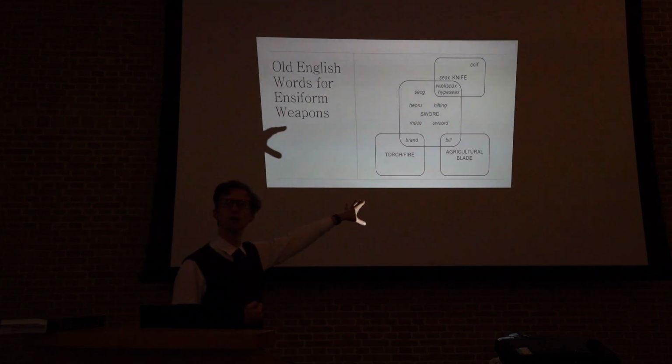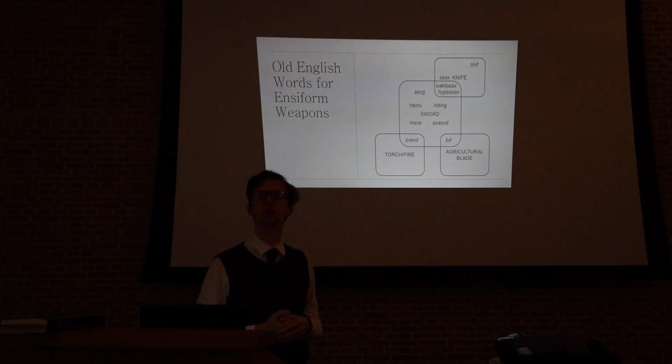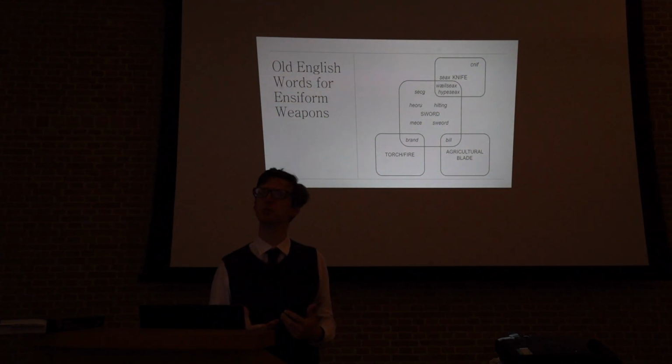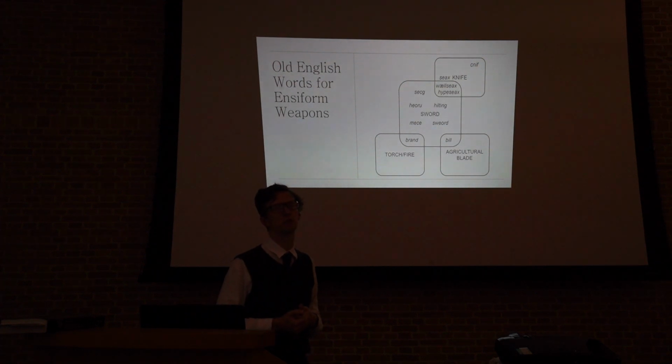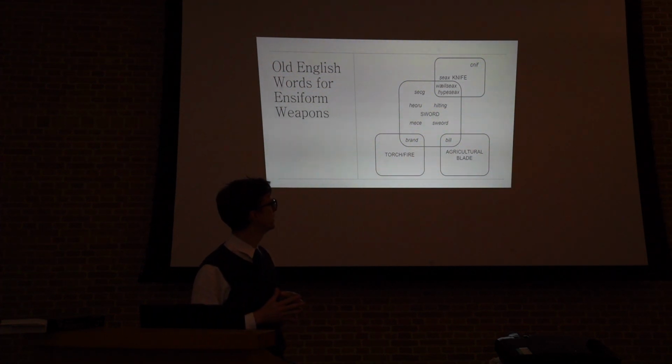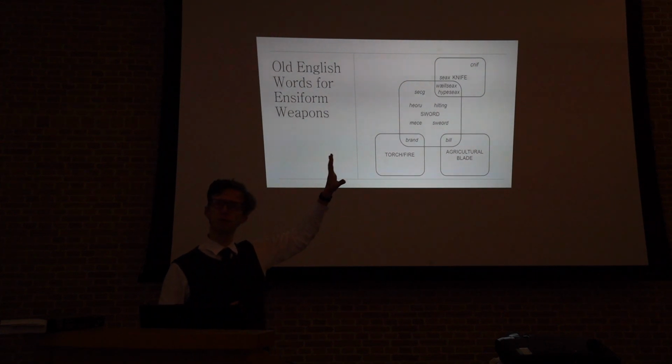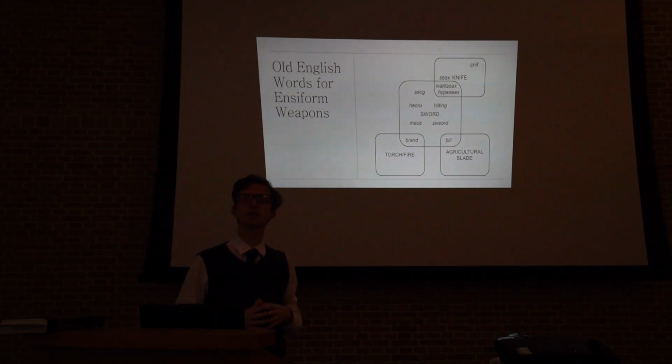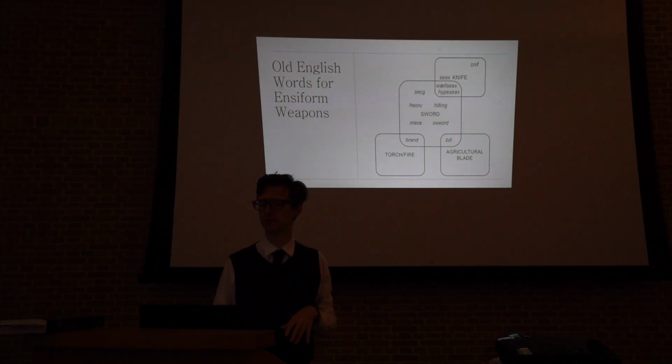We also have bill. And again, even today, a bill hook is an agricultural implement. A bill is an agricultural blade in Old English, but is also frequently used of swords. And then we have crossover with things that we might think of as knives.